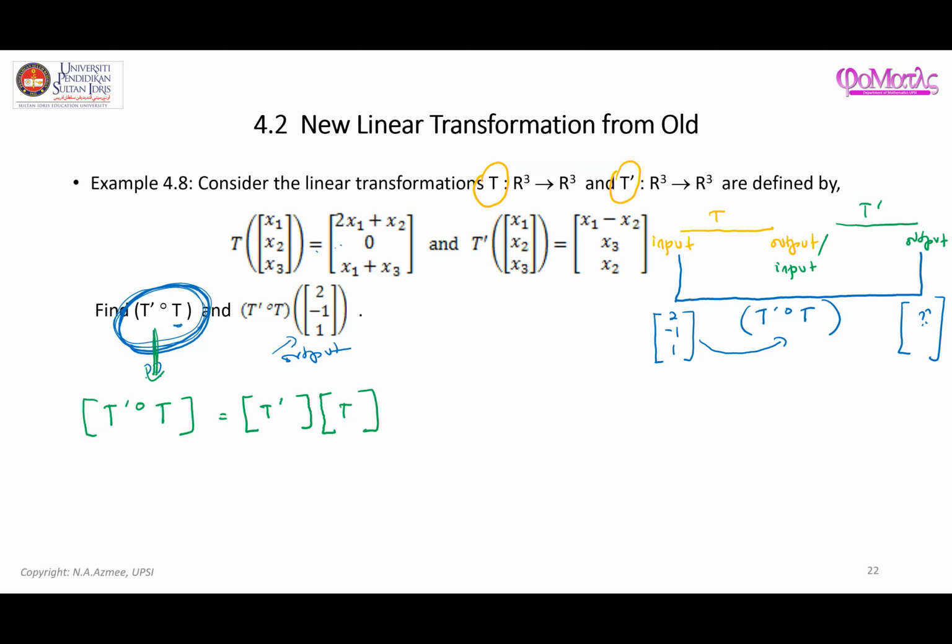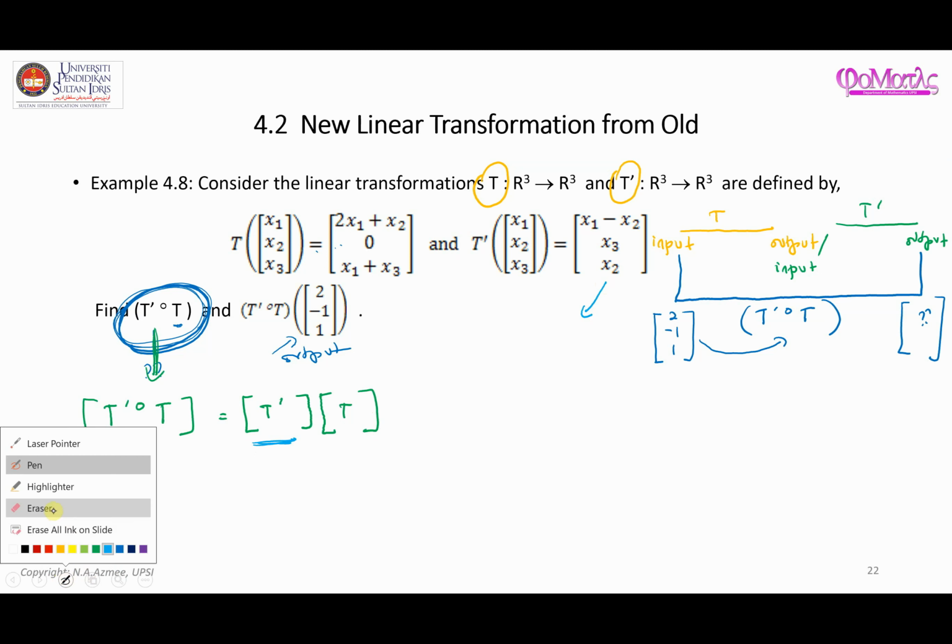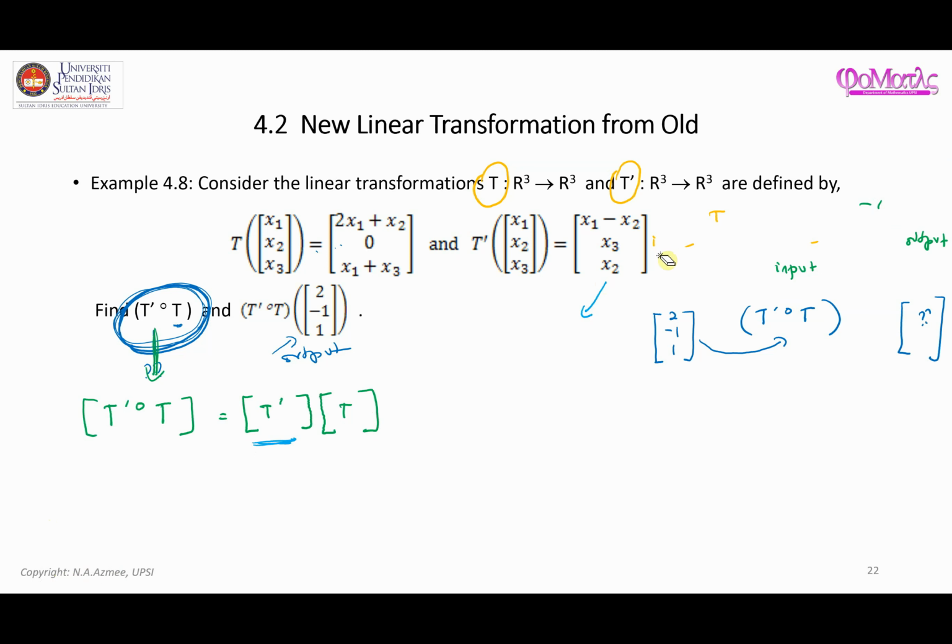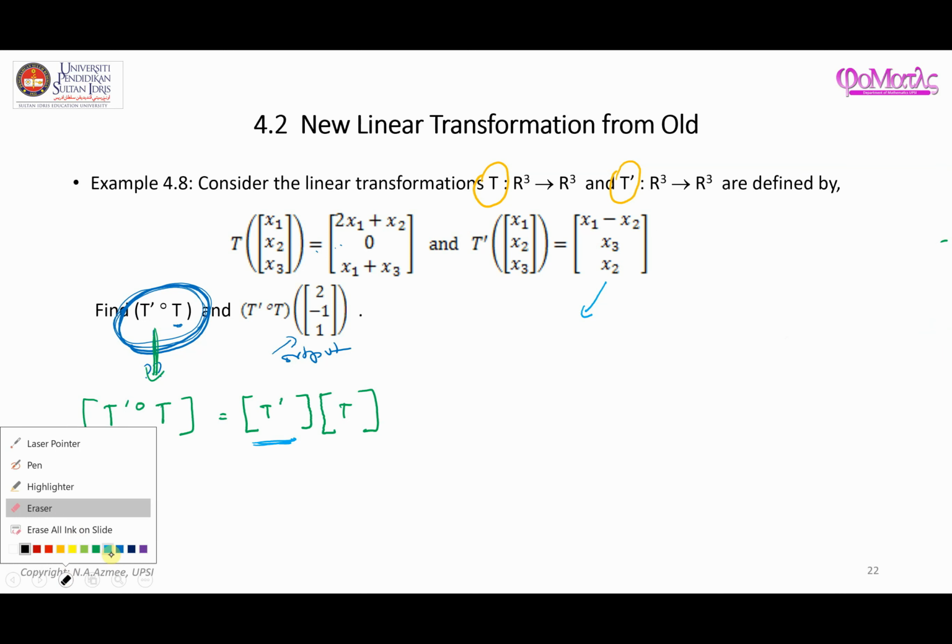Okay, and to do that, we're going to start off with creating the standard matrix for t prime. So the standard matrix for t prime, we have to look at this part here. Let me just erase this to clear some space. Right, for that one, notice that we have x1, x2, x3.